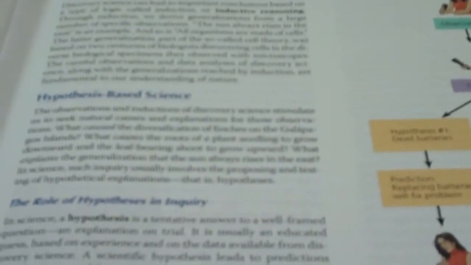So, if I know that biology is the scientific study of life, I can write that there's two different ways to study. I can write that there's discovery science, and when I look at the chapter, there's also hypothesis science. And when I go back and look at this part in the chapter, it says that discovery science uses inductive reasoning.